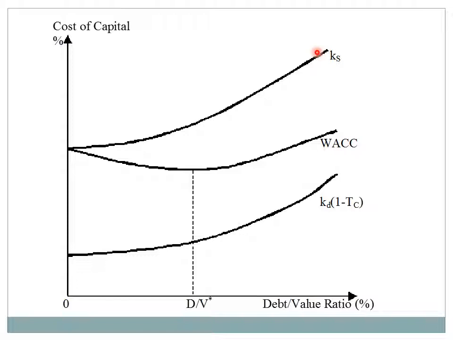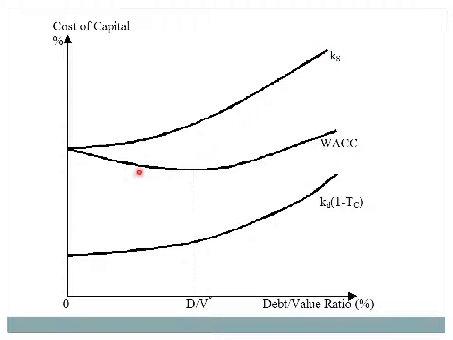As you increase the amount of bondholders in the company, bondholders have first claim on assets, so if something goes wrong, stockholders now have less assets that they'll be able to claim. So their risk increases, so they react by demanding a higher rate of return.